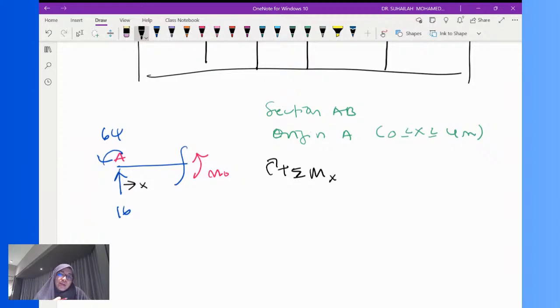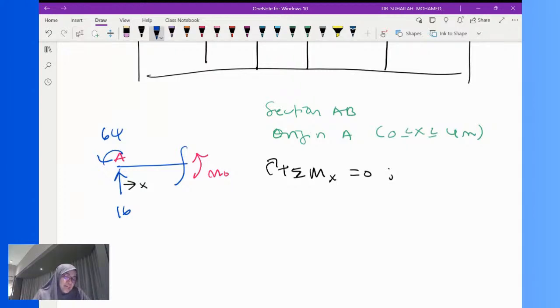Now we are going to write the moment equation based on the cutting section. When we want to write the moment equation, we have to refer to the moment at the cutting point, which is X. So this is equal to 0.